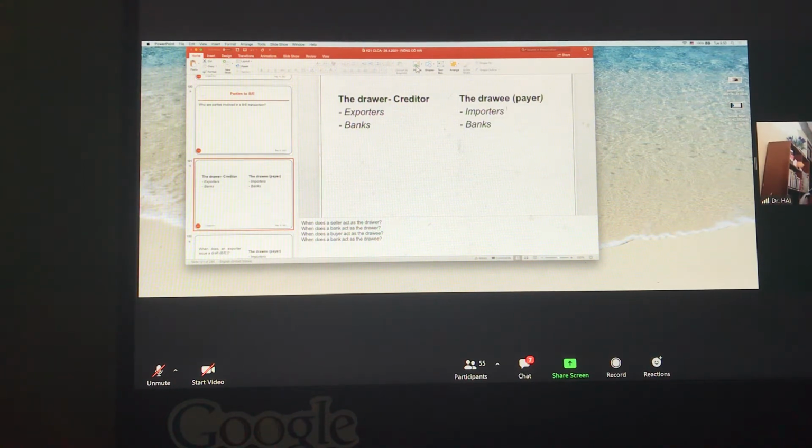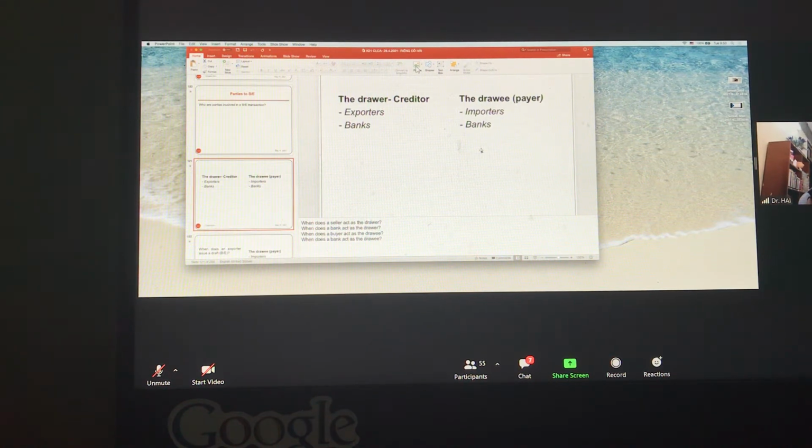Okay, so now drawee, importers and banks, commercial banks, of course, are drawee. So now look at the slide. We have two parties under the group of drawer and two parties under the group of drawee.